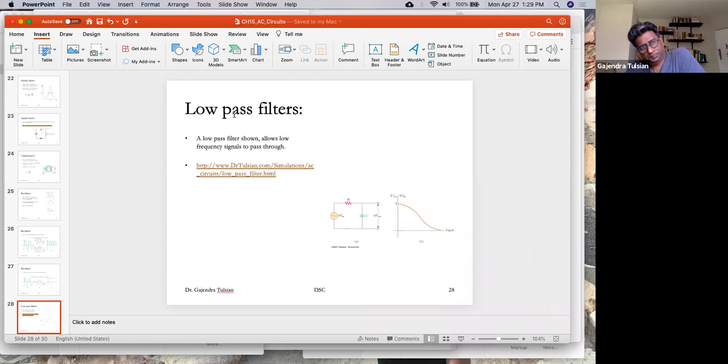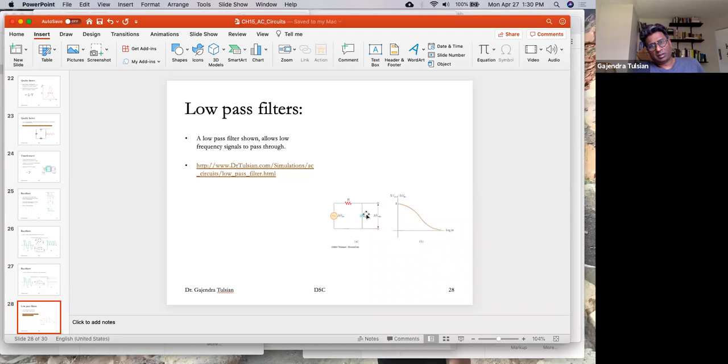Now, oftentimes in a wire, you transmit multiple signals of different frequencies, and then you need filters to separate the frequencies. Here's a low pass filter. This device will let only the low frequencies through; the high frequencies will not go through.